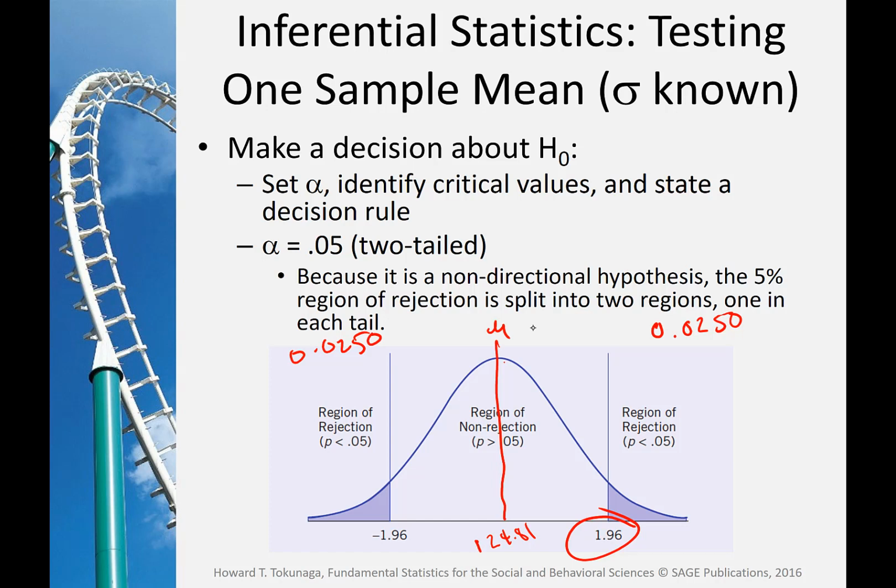That's our population average of 124.81. Our sample mean that we got from the 20 kids was 150. I have to place 150 on this graph. In order to do that, I'm going to convert it to a z-score.